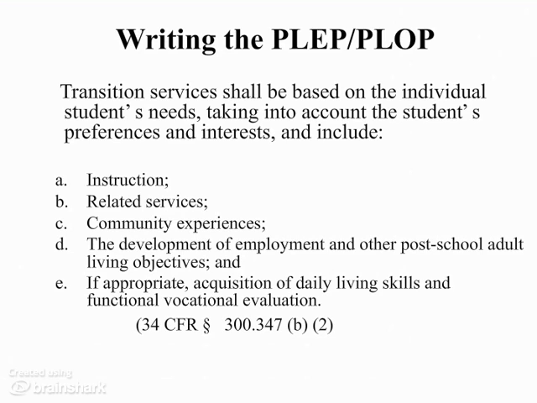Are they involved in any organizations or clubs? The development of employment and other post-school adult living objectives. So in that situation, we're talking about, do they have a job? Have they been successful? Are they making strides towards living independently? Are they hoping to live on their own or in a group home?